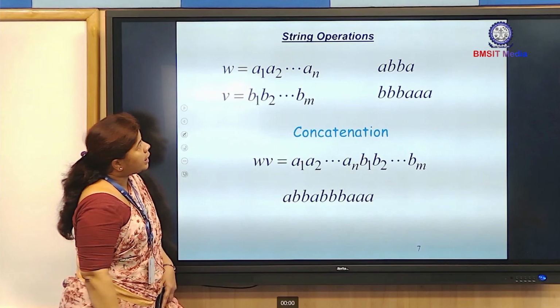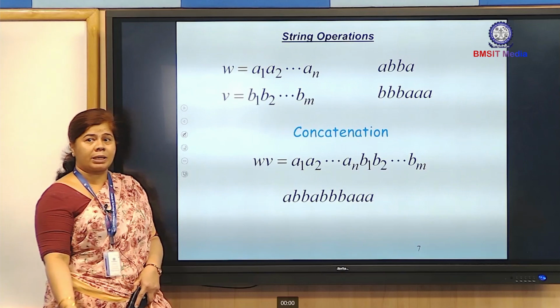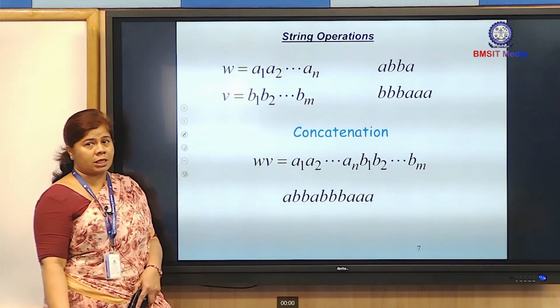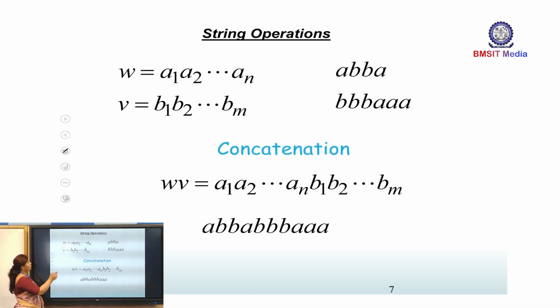Then let us understand the operations you can perform on strings. For example, if you define a string W as A1 up to AN, where N can be any value, and V is another string B1, B2 up to BM, you can form W as ABBA and V as BBAAA or any value you want.